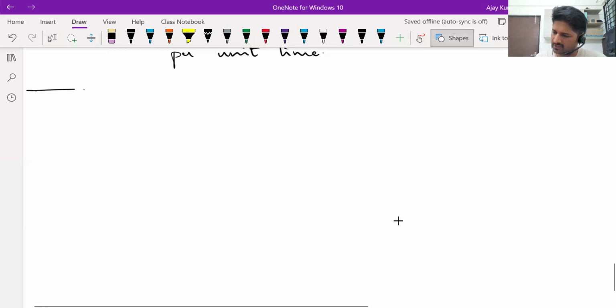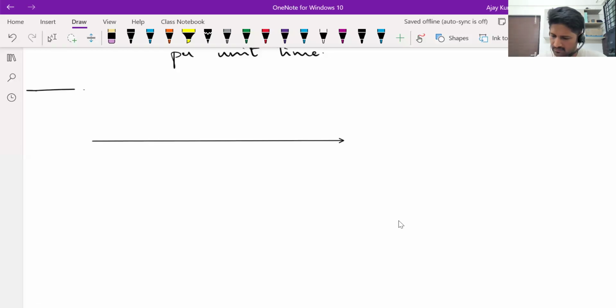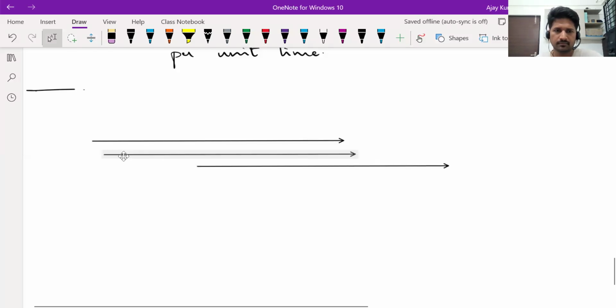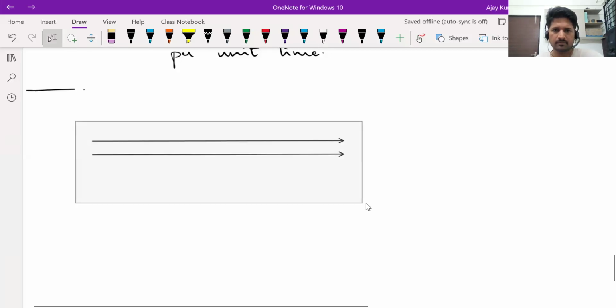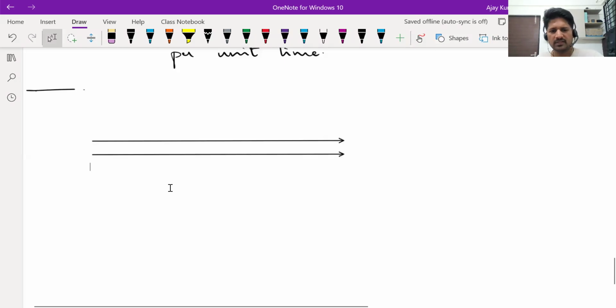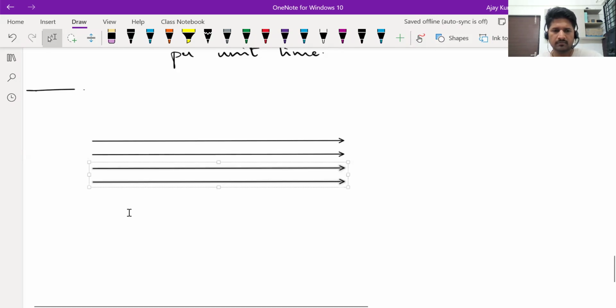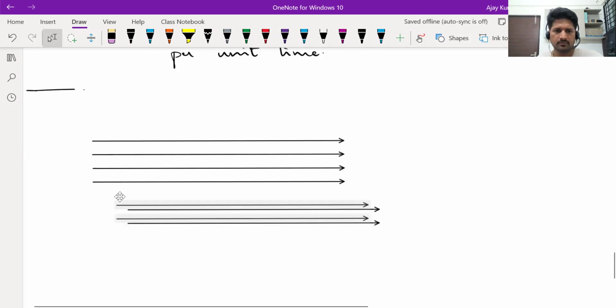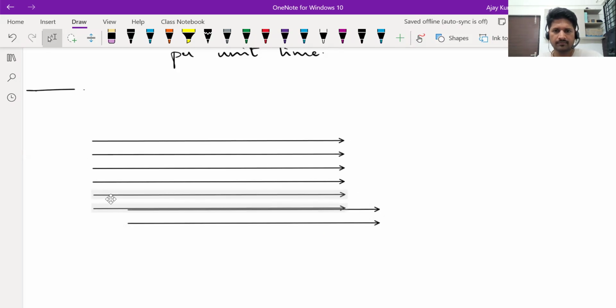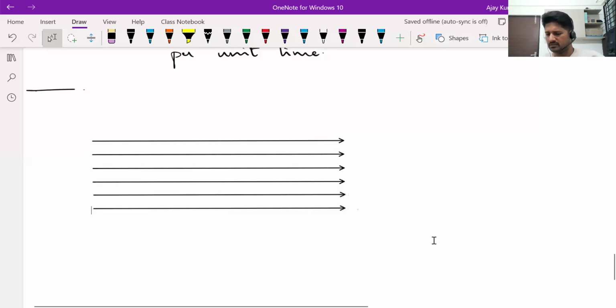Assume electromagnetic waves are traveling to the right. Let's say there is a bundle of electromagnetic waves traveling to the right, parallel to each other. Assume they are incident on a surface. The surface could be of any shape.